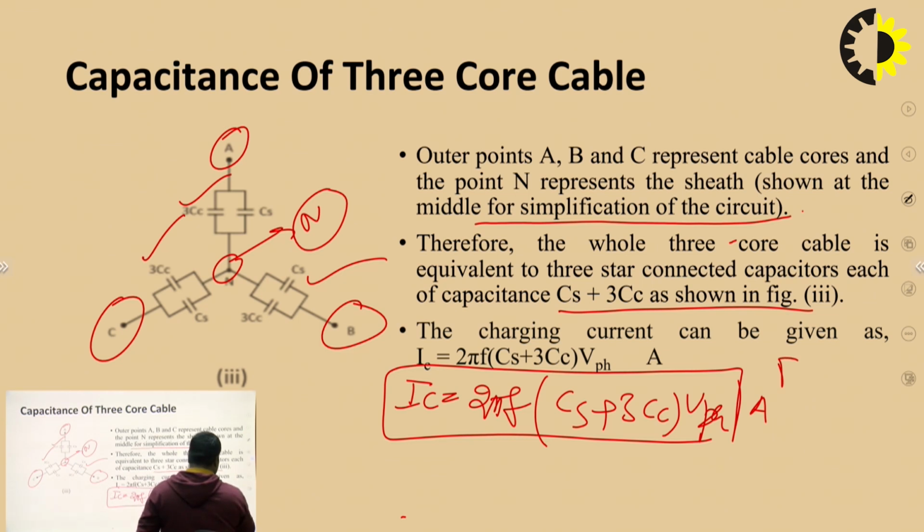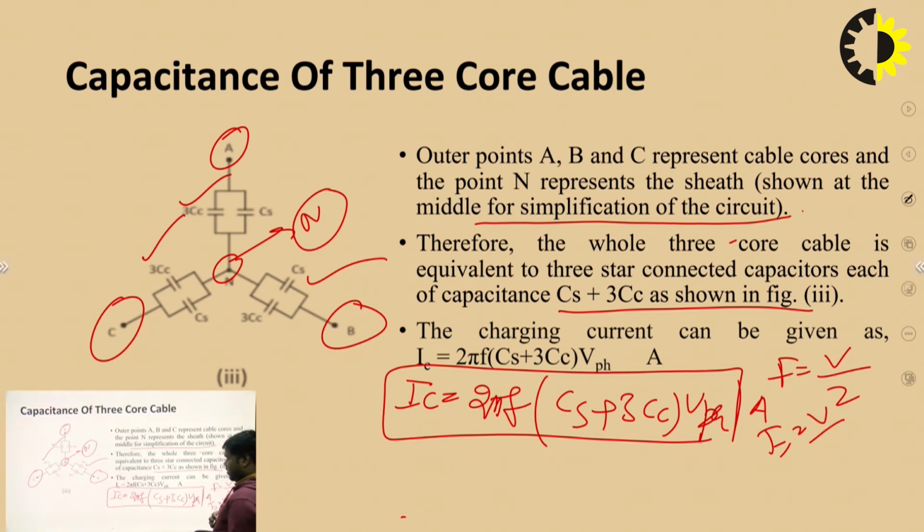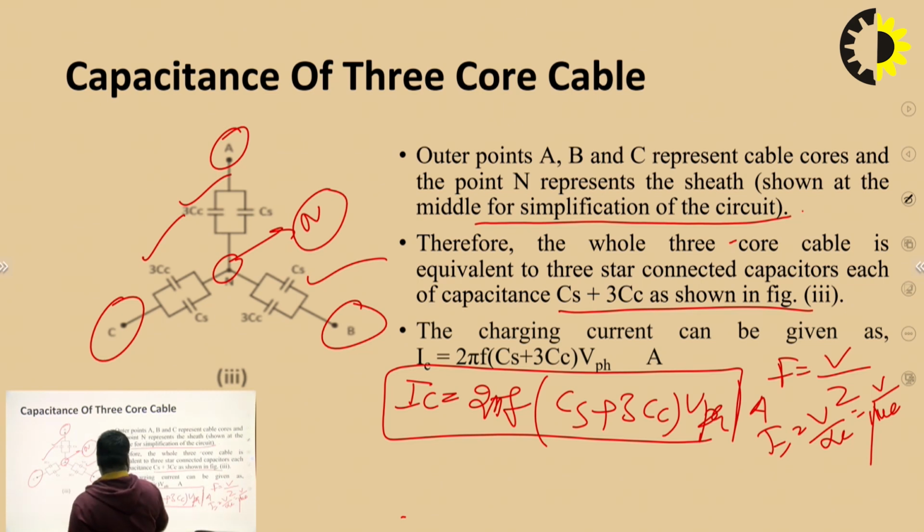What is I? I equal to V by Z. What is Z? Z is XC. What is XC? 1 upon omega C, and the capacitor reactance should be taken with C as 3 CC plus CS.